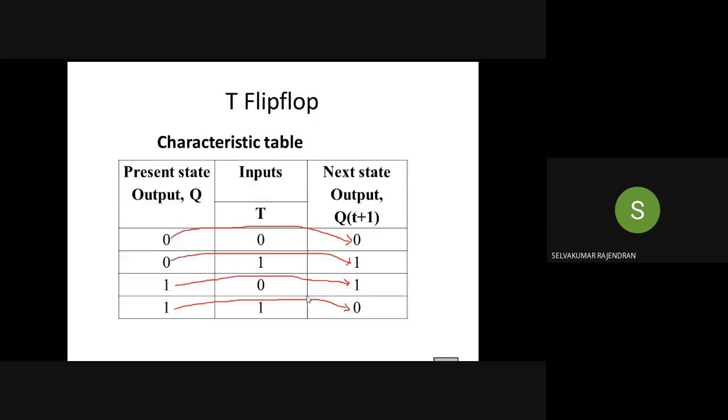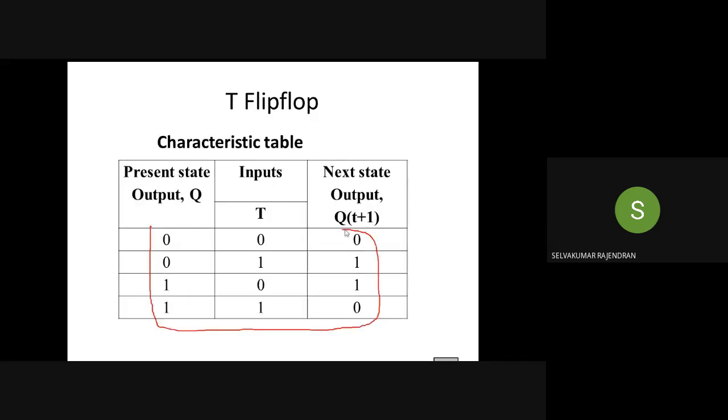How do we get the characteristic equation from this table? If you look at this characteristic table, it is very similar to an XOR gate. If both the inputs are the same, then the output of XOR will be 0. If both the inputs are opposite or not equal, then the output of XOR will be logic 1. So the output Q of T plus 1 follows the XOR gate.